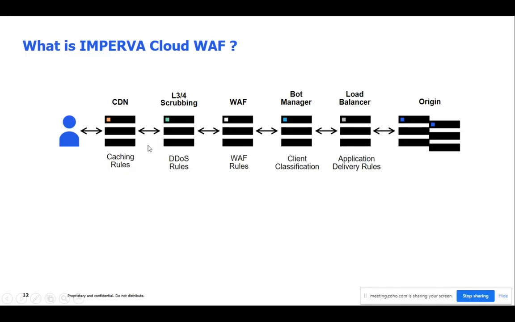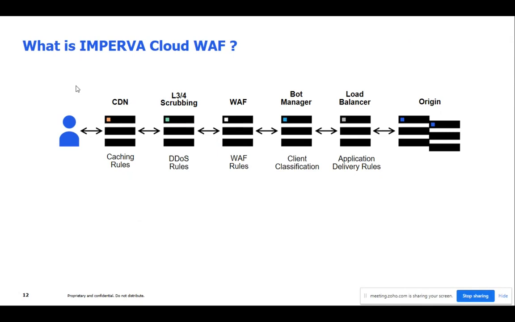Then this goes and hits the scrubbing server, where we check for any kind of DDoS attack, since this is checked on the network layer in order to see the application layer attack.